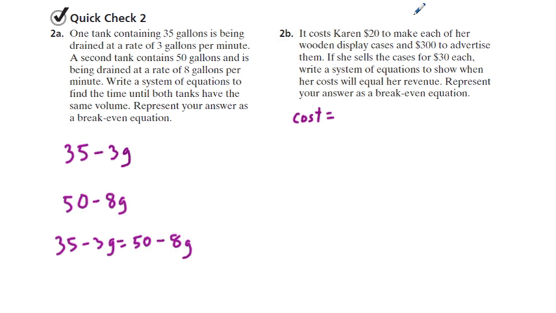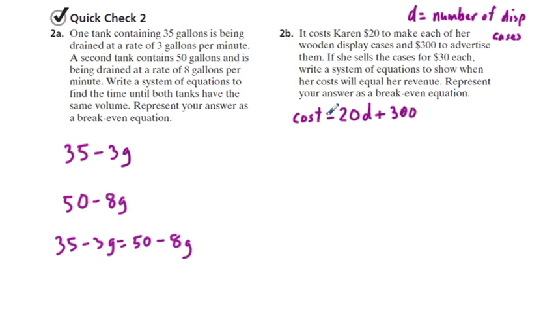We'll call display case D, where D equals the number of display cases. So our cost is equal to 20 times the number of display cases plus she spent $300 for advertising.